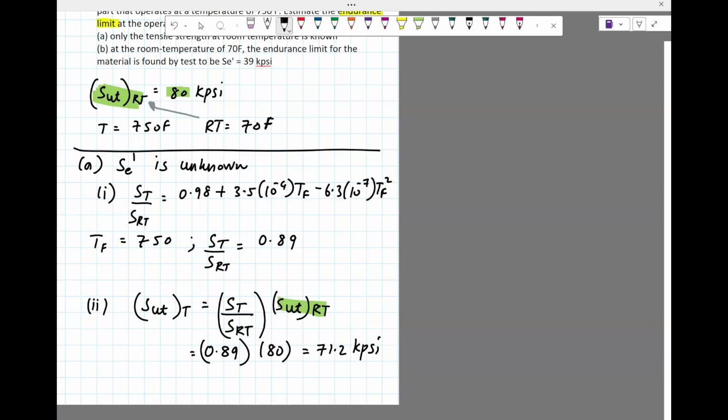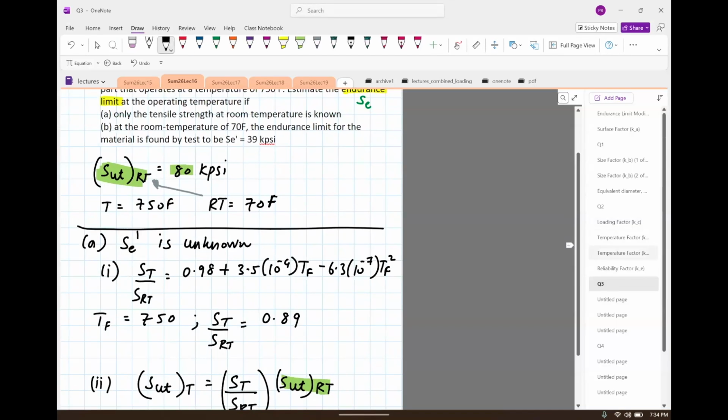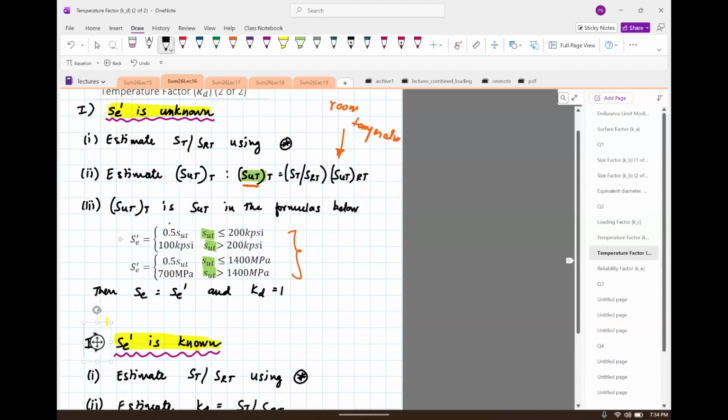And then the final step, which I can show you here, is we're just going to use these formulas. We are using FPS units, so it's one of these two. Since SUT is less than 200, it is 71.2 kpsi. SE prime is simply 0.5 SUT.